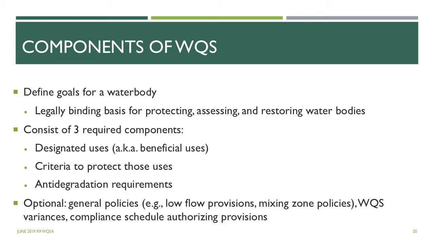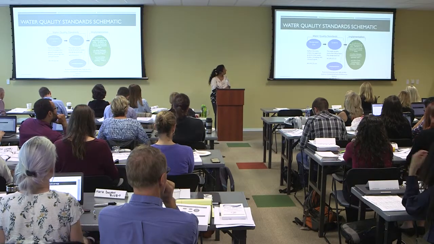As an option, states and authorized tribes can adopt general policies, for example, on low flows, mixing zones, variance authorizing provisions, compliance schedule authorizing provisions. None of those are required, but if a state or authorized tribe chooses to adopt those as legally binding, those become subject to EPA review as well.